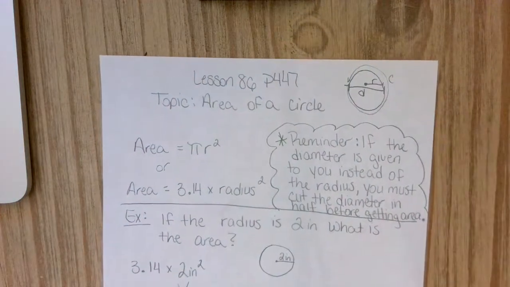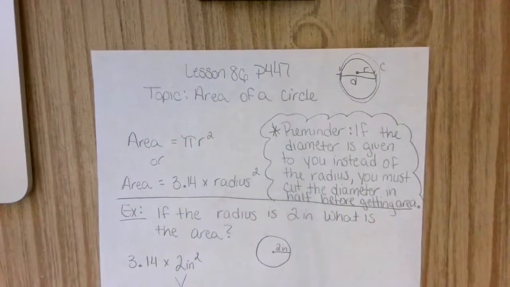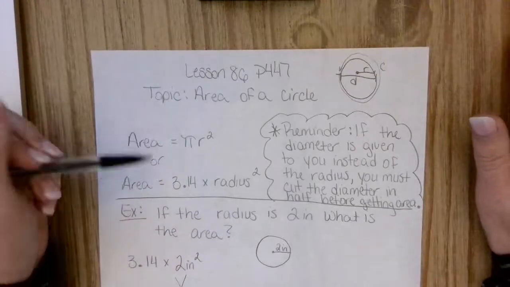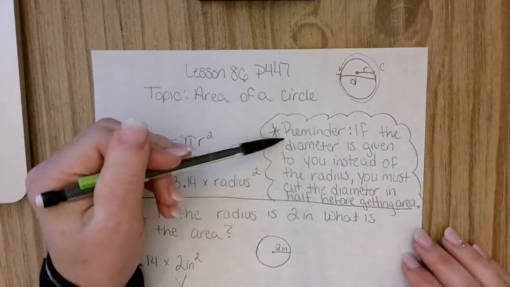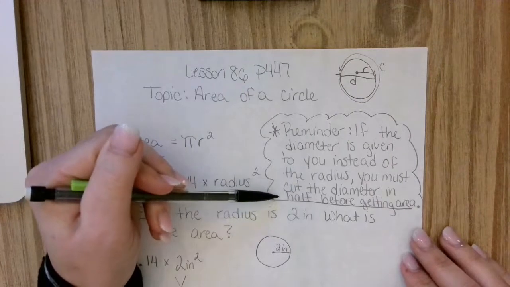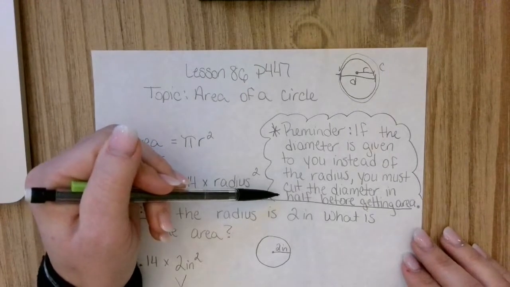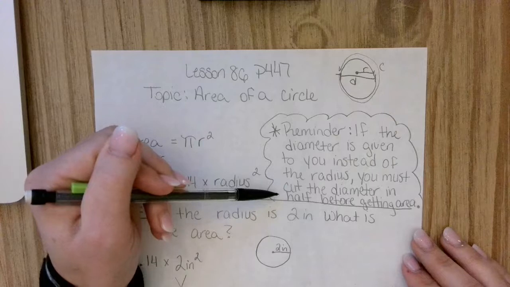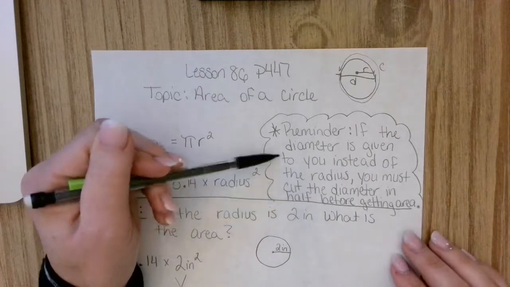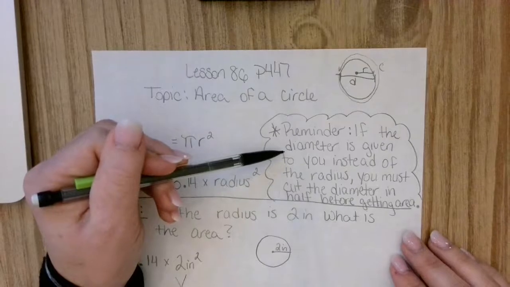Today we are actually going to be using just the radius, not the diameter or the circumference. Before I get started into the actual formula of area, I just want to remind you of something very, very important. On your homework, some of the problems will give you the diameter and then tell you to find the area, but you can't do that quite yet.